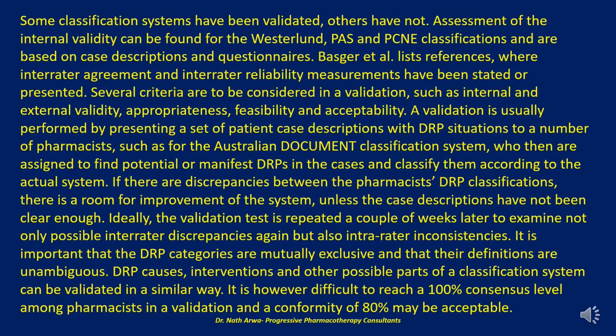Some classification systems have been validated, others have not. Assessment of the internal validity can be found for the Westerlund, PAS and PCNE classifications and are based on case descriptions and questionnaires. Basger and colleagues list references where inter-rater agreement and inter-rater reliability measurements have been stated or presented.